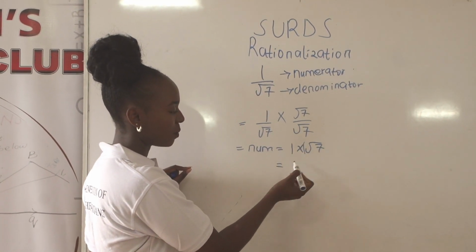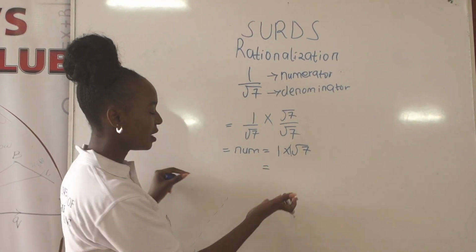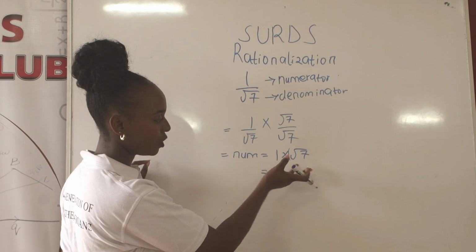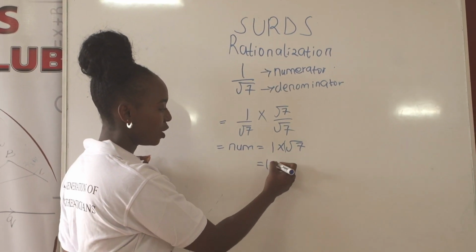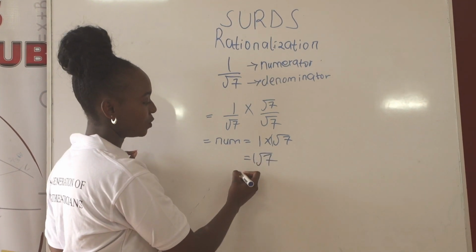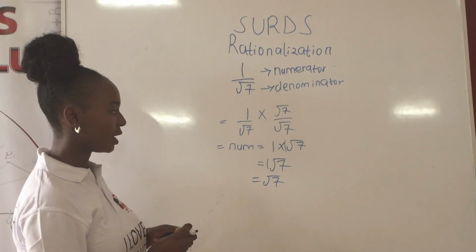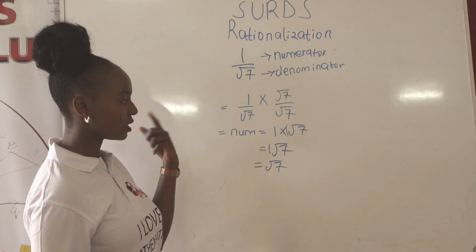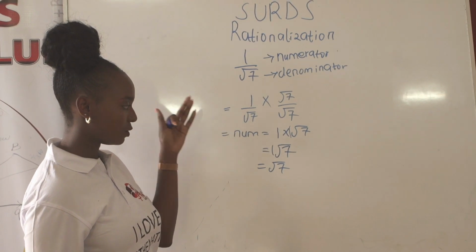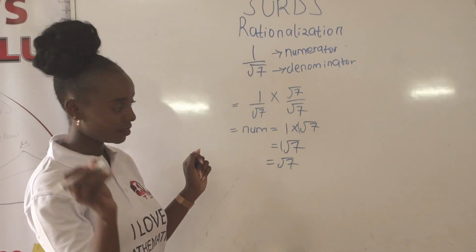So you multiply the whole numbers together, then whatever is inside the root, you multiply it as well. So you take 1 times 1, that is 1 root of 7. So this basically remains as root of 7. Because the 1 is the whole number and the 1, like we said, is an imaginary 1, so that gives you 1 root of 7, which is basically any number by 1 is that number.